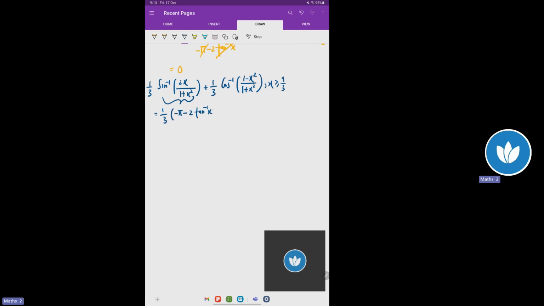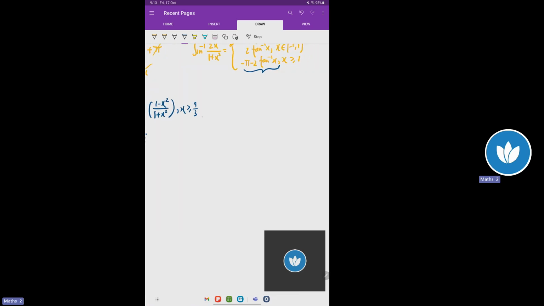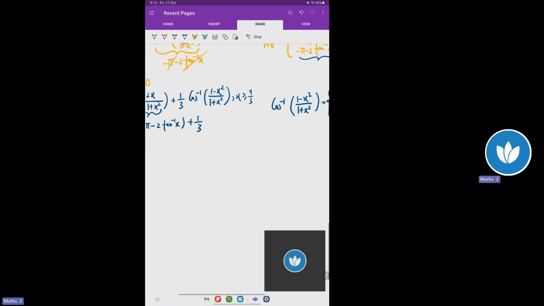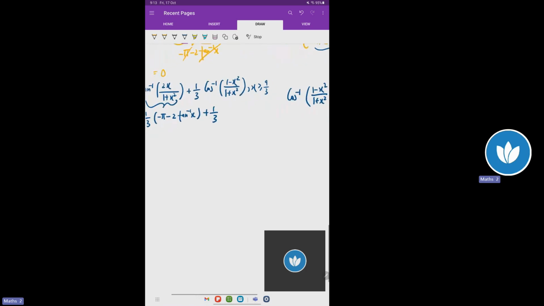Plus again, if you will also solve this, I am writing the formula for the same, cos inverse (1 minus x square) by (1 plus x square). If you will simplify this, you can also write this is 2 tan inverse x in case x is greater than or equal to 0, and this is minus 2 tan inverse x when x is less than 0. So since x is greater than 1, we can directly apply the formula.